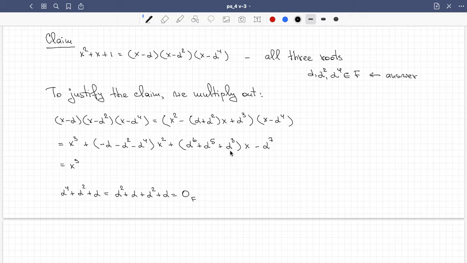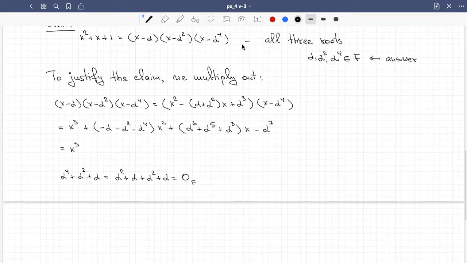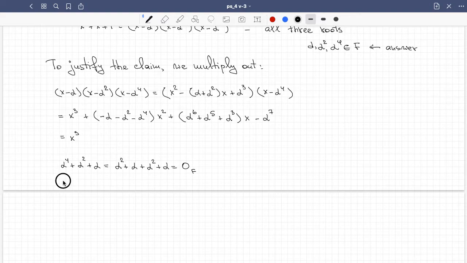Alpha to the 6 is alpha to the 6 plus alpha to the 5 plus alpha cube. What is that? Oh, I can do it in a different way.